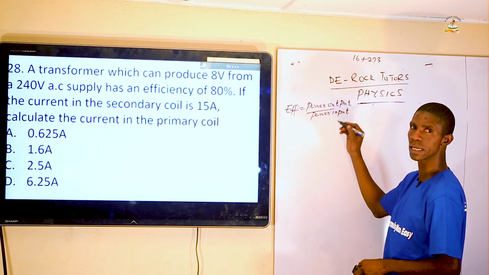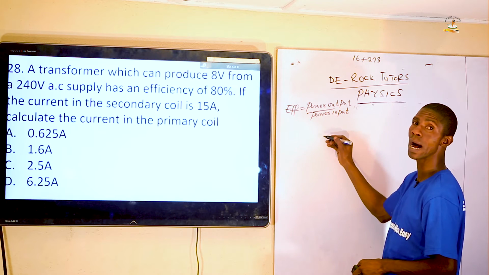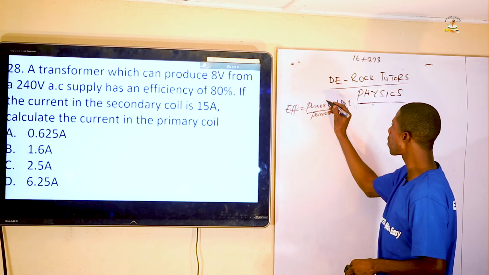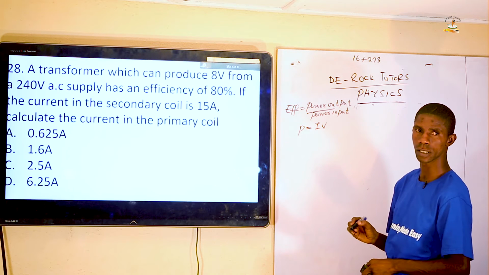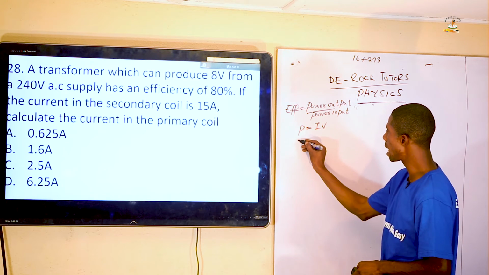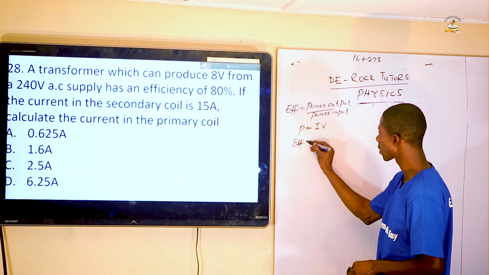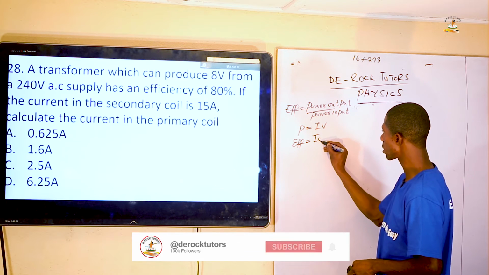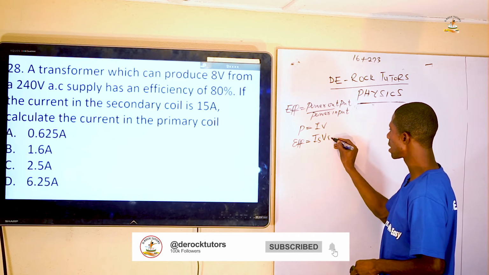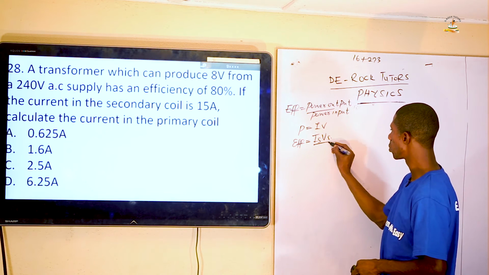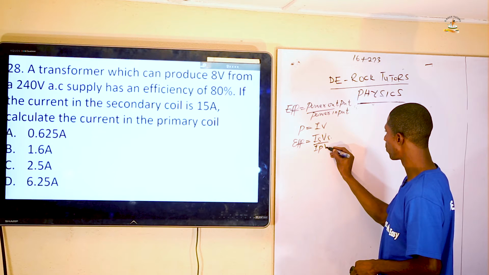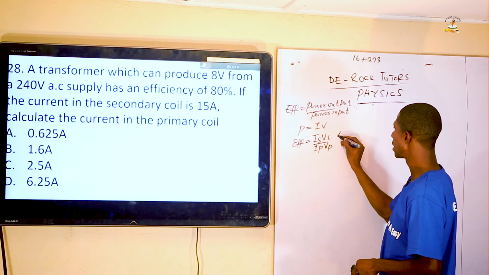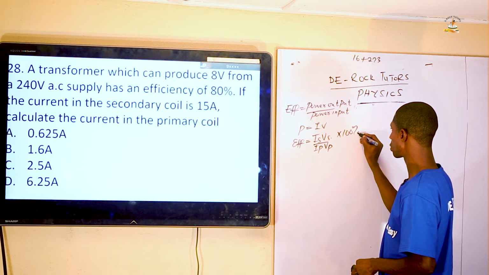The output comes as the secondary, then the input comes as the primary. But power again is current multiplied by voltage, the potential difference. In that case, efficiency is the current in the secondary times the potential difference in the secondary, over the current in the primary times the potential difference in the primary, expressed as a percentage.